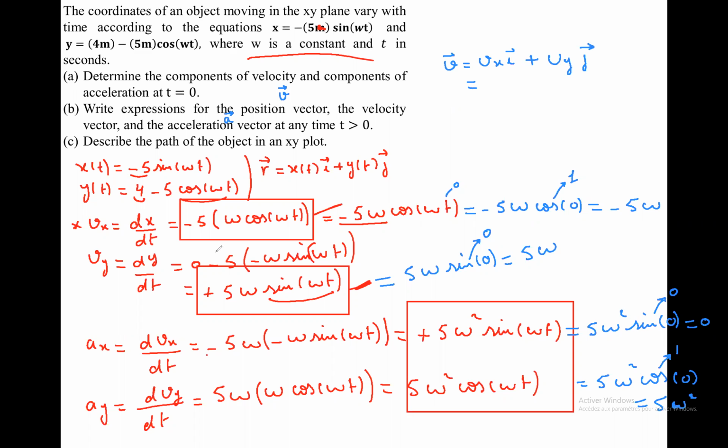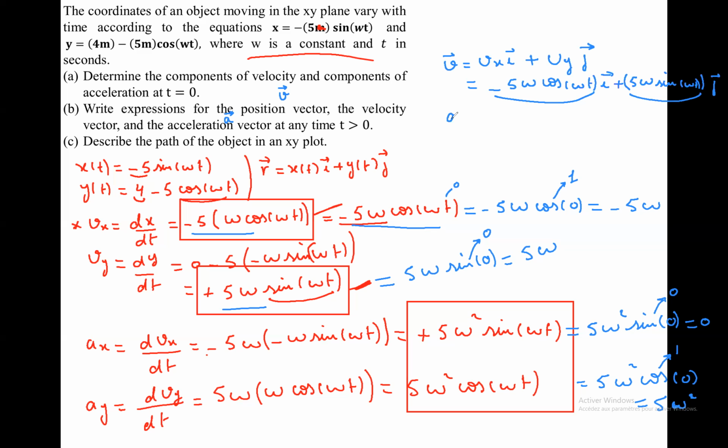I put Vx, minus 5 omega cosine omega t i, plus the j component, Vy equal 5 omega sine omega t. Here we have Vx and here we have Vy.